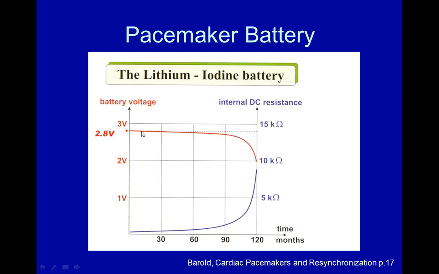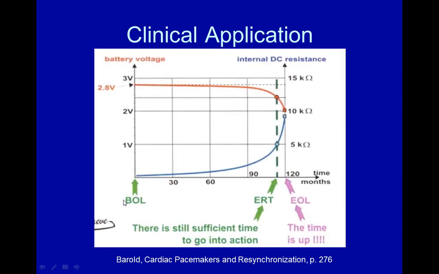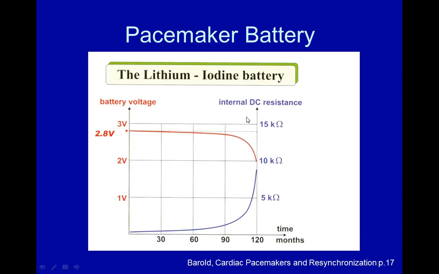And one can graph these concepts, the voltage here in red on the left, and the internal resistance in blue on the right versus time. When the battery's brand new, there's about 2.8 volts, and that 2.8 volts lasts for up to 90 months.